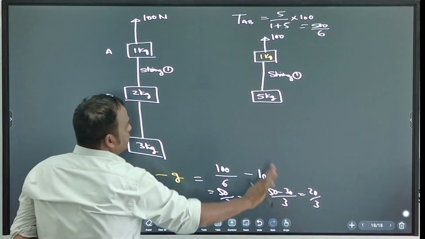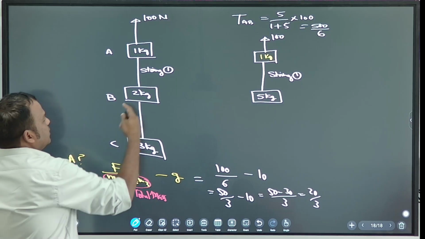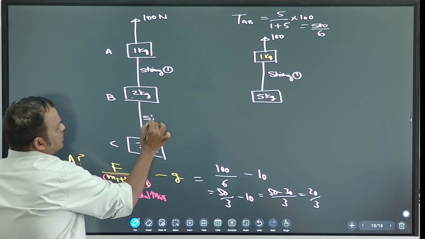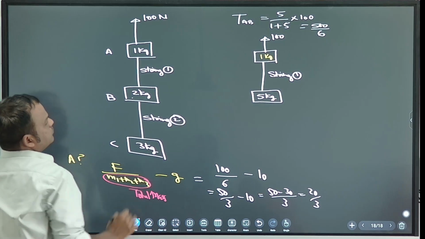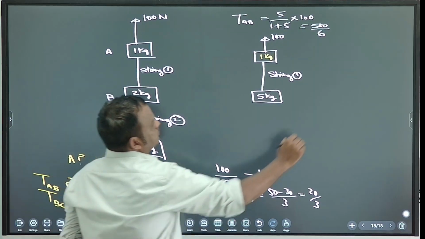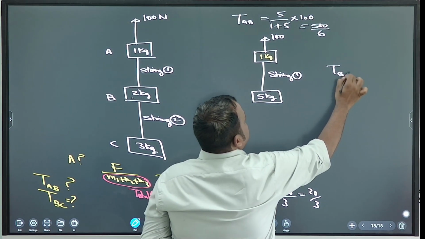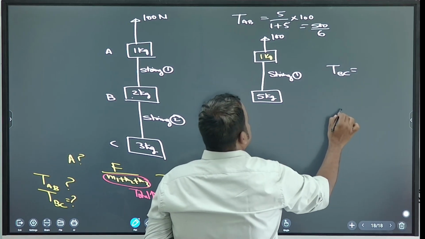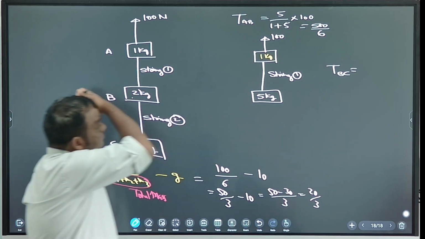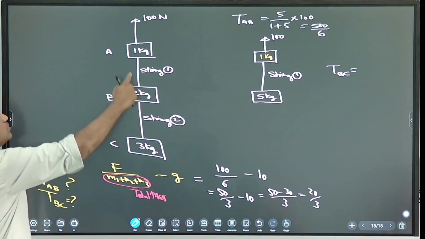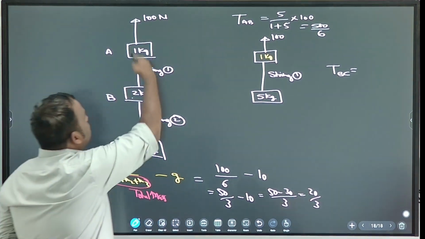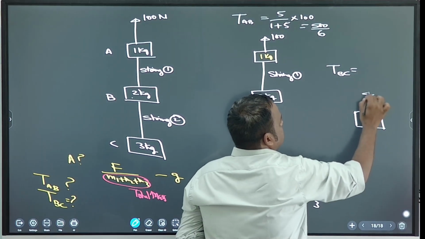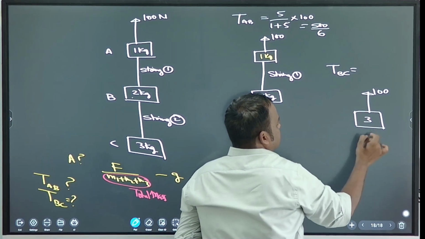So the acceleration you got is 20 by 3. Now how to find the tension between B and C? This is string 2. So TBC, tension between B and C. So combine these two, 1 and 2 combined, so 3.